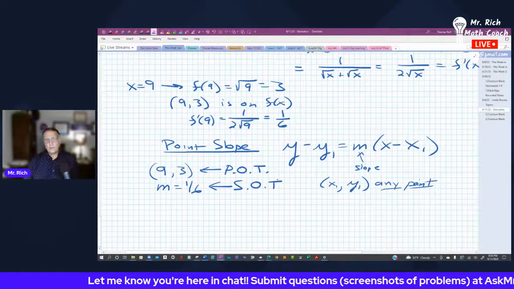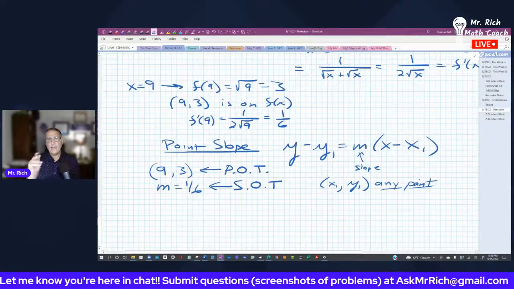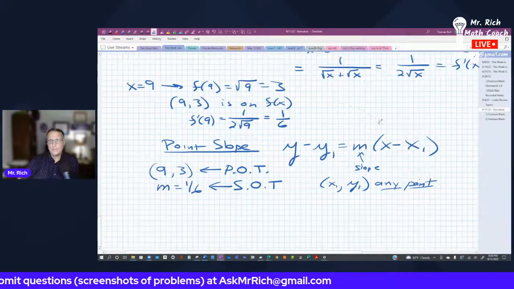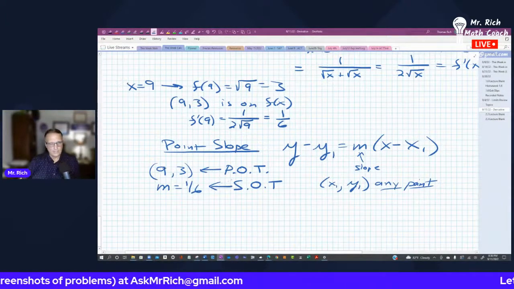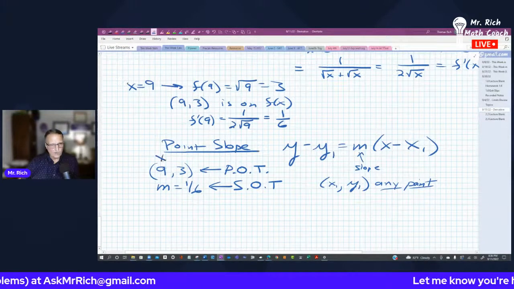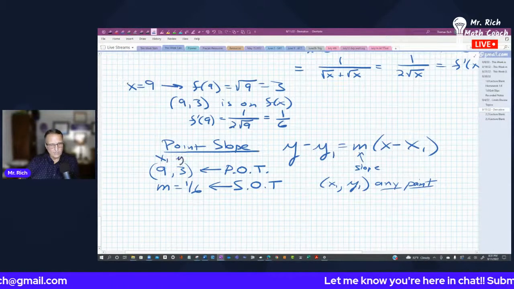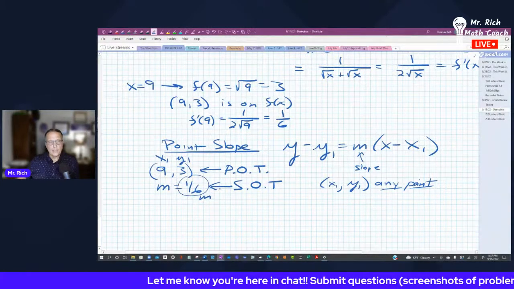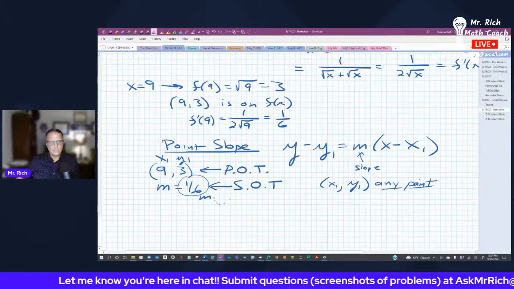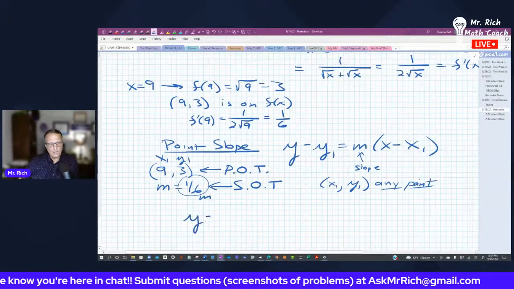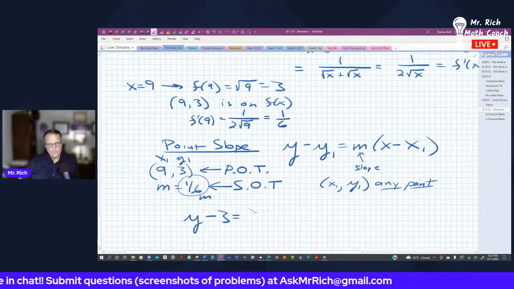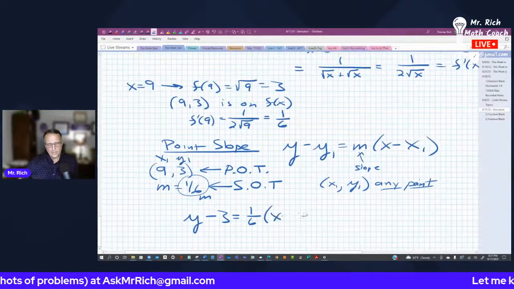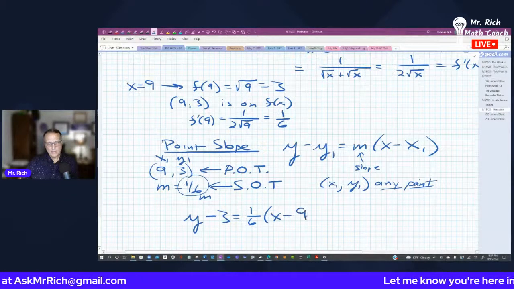And what I can do then is write the equation of the tangent line, because I'm going to use point slope and stick in 9 for x1 and 3 for y1, and 1/6 is going to be my m, my slope. And so it looks like this: y minus 3 is equal to 1/6 times x minus 9.